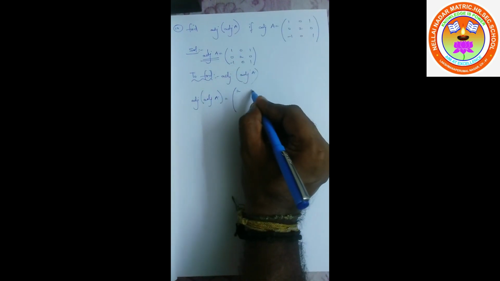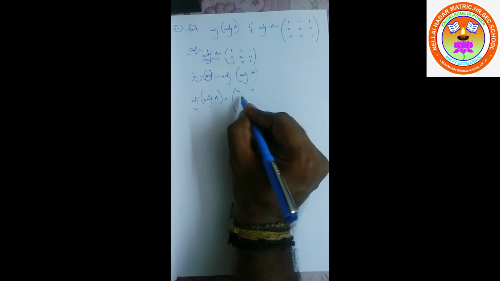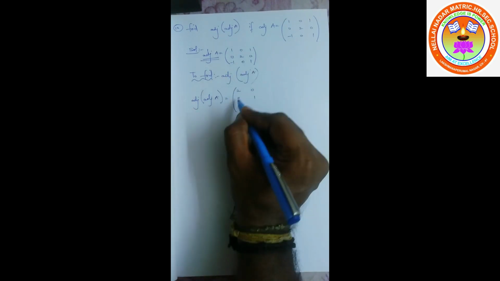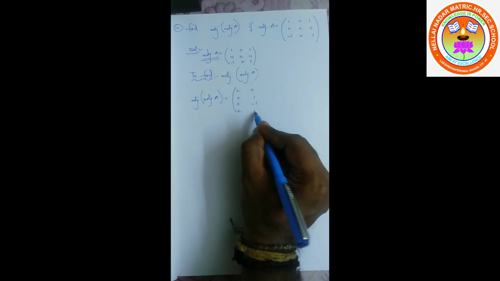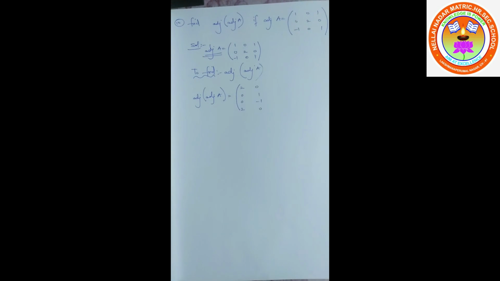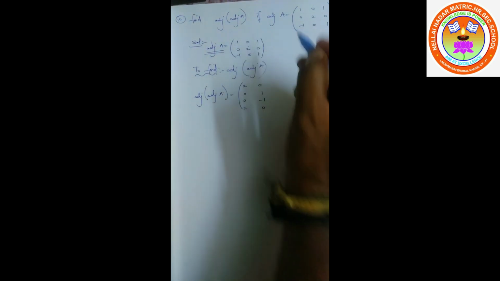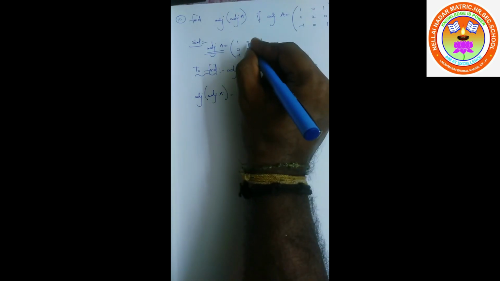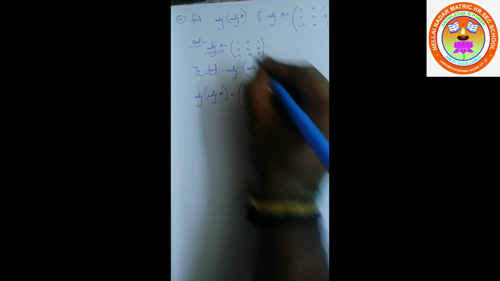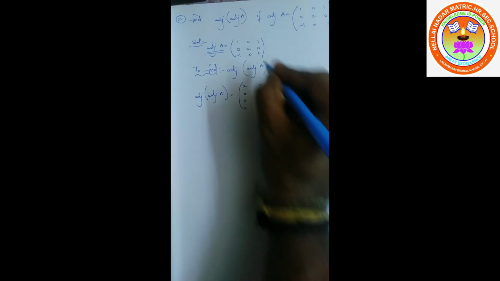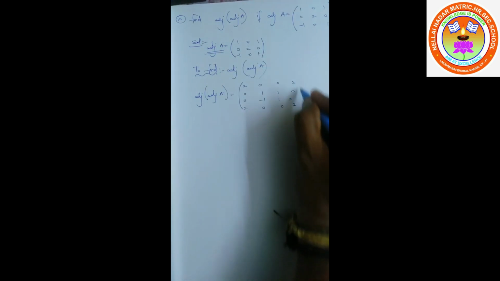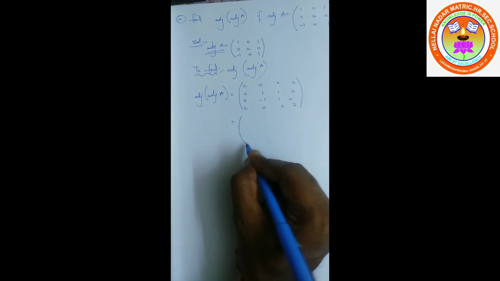So adjoint of A is equal to the matrix of minors. How we can take: 2 0, 0 1, 0 minus 1, once again 2 0. Next, this one 0 2, 1 0, once again 1 0, finally 0 2.